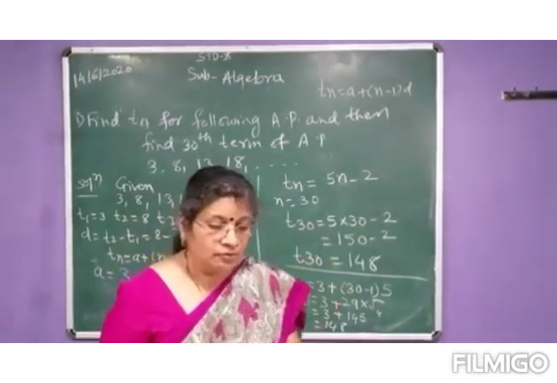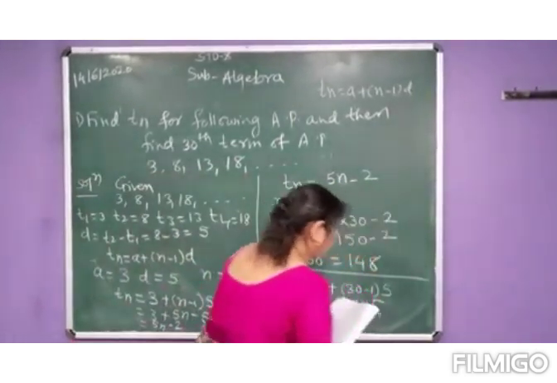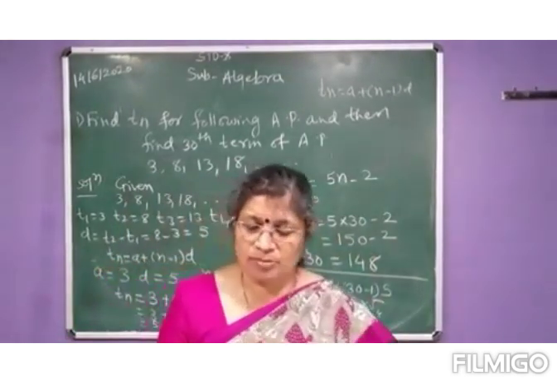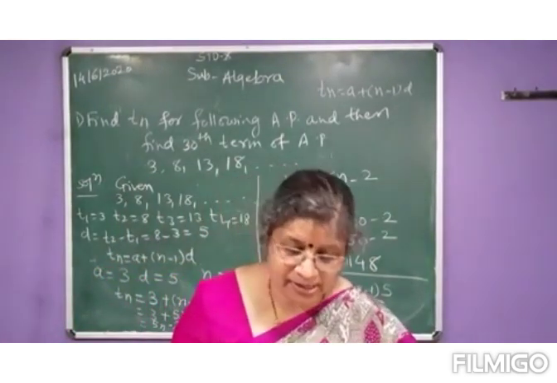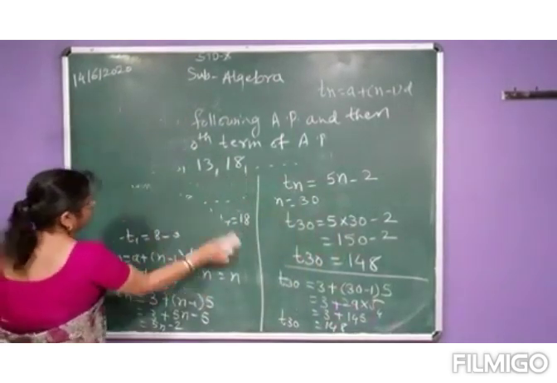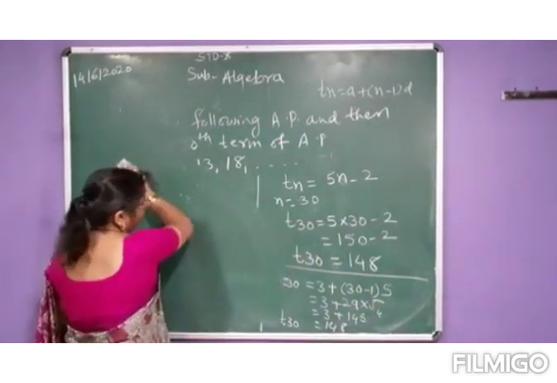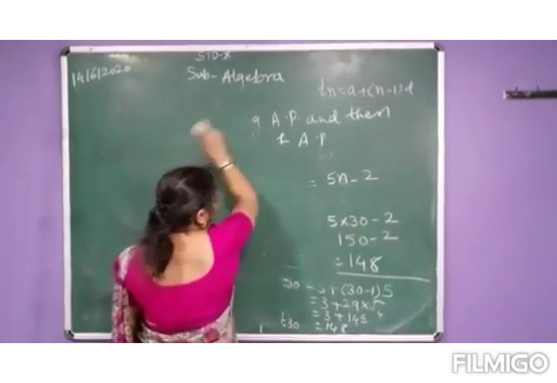Okay. Now we will go for the second question of this solved example. Which term of the following AP is 560? Now again I am repeating the same thing. Whenever you solve such type of sum, don't get confused between n and Tn.